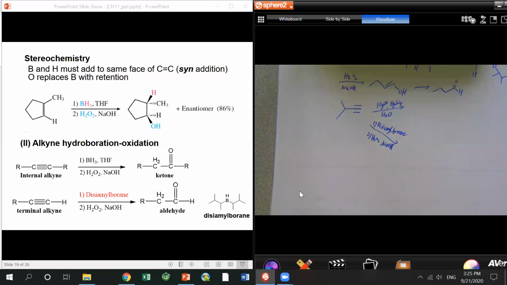Take a try, draw the product for these two reactions. Keep in mind, pretty much we just generate an alcohol, add water onto the C-C triple bond, and you first generate an enol, and then it falls into the enol-keto tautomerization, which gives you the aldehyde or ketone.